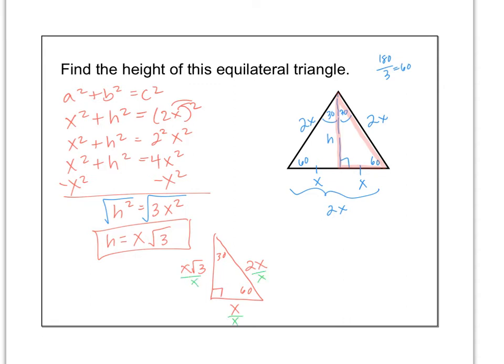Well, down here on the bottom, you're going to get 1. Here on the hypotenuse, the x's will cancel, you'll get 2. And here on the other leg, you're going to have the x's cancel, and you're going to get root 3. So what you just figured out is in every 30, 60, 90 triangle, the sides have a ratio of 1 to 2 to root 3.